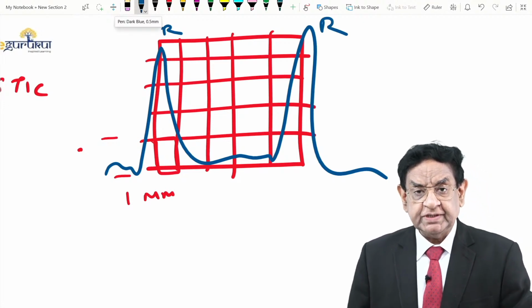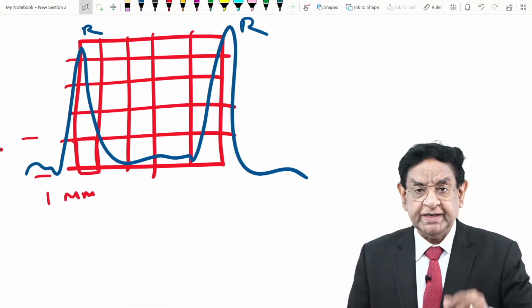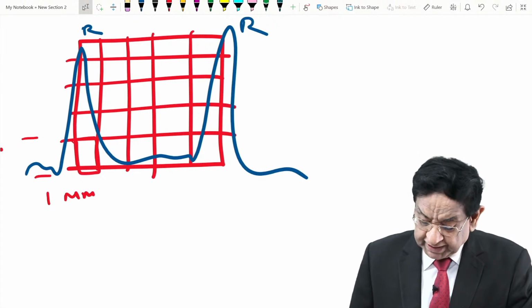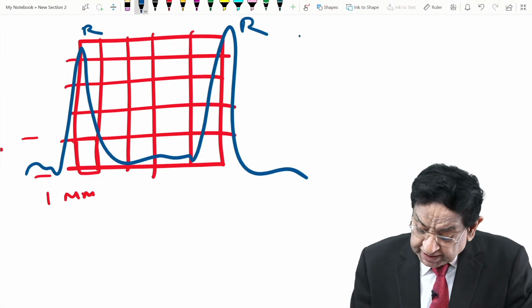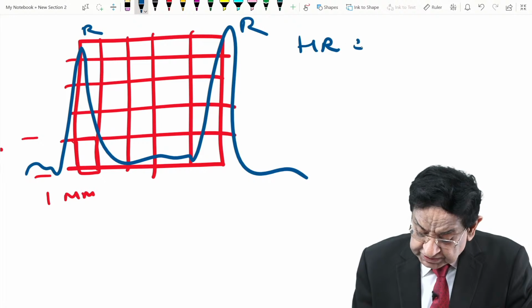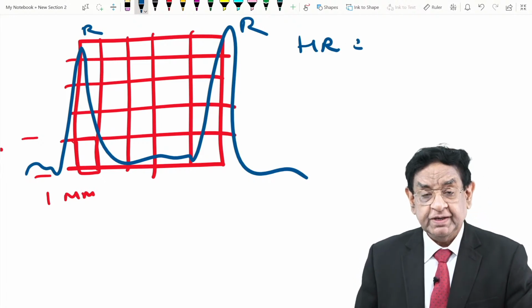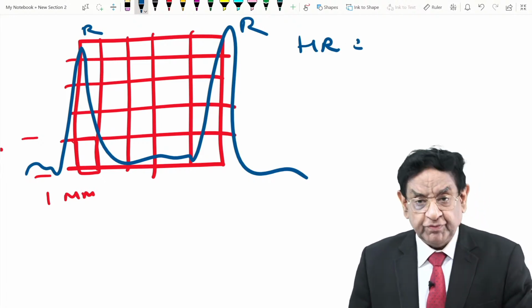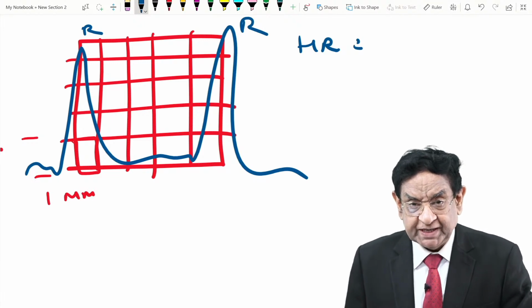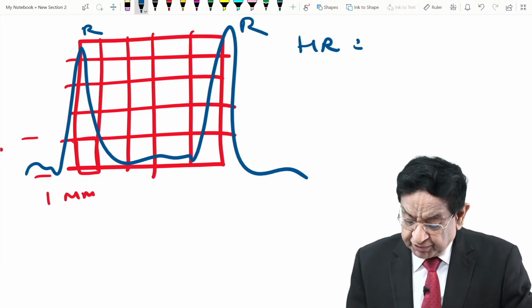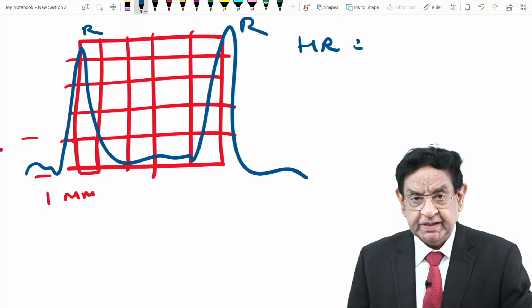The first question is, if you have to calculate the heart rate, quickly write down the answer. What is the heart rate of this strip in front of you? You got two R waves on the ECG graph paper. Calculate the heart rate in this patient quickly.